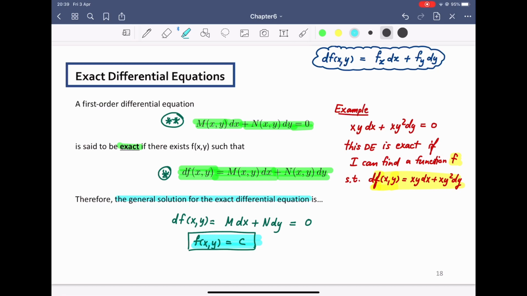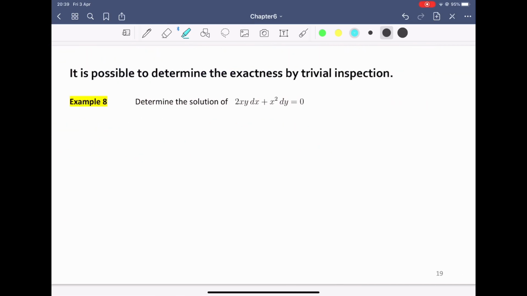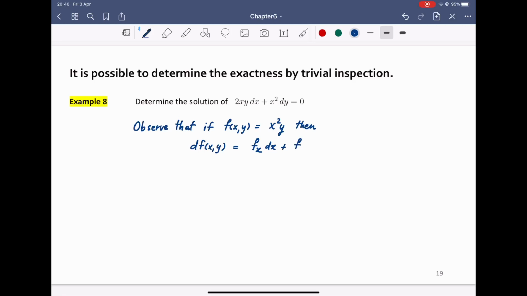Let's take a look at a real example. Example 8. Suppose that we want to find the solution of the differential equation 2xy dx plus x squared dy. To do this, let's observe that if we have a function f(x,y) equal to x squared times y, then the total derivative of f, by definition, is f subscript x dx plus f subscript y dy.